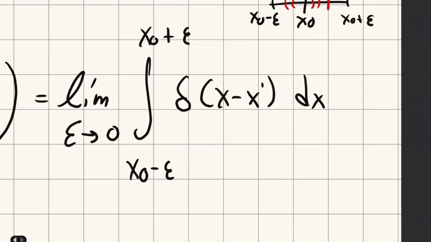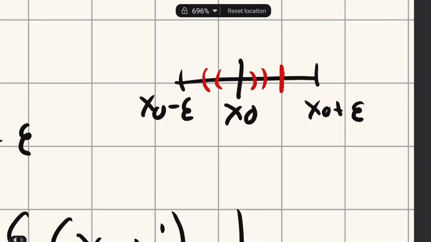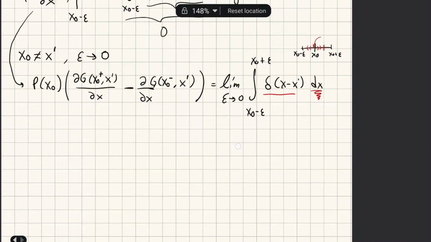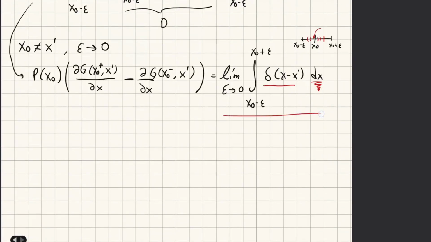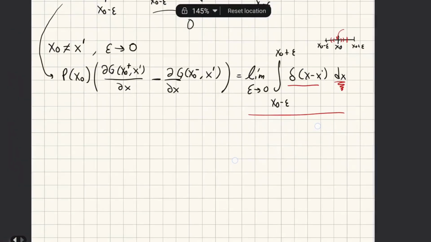Okay? So that is the main idea, because that is going to make this integral equal to 0. Because we know that if we have the integral of the Dirac delta of the variable x, and x is not on the interval of integration, that integral of the Dirac delta is equal to 0. So in this case, x prime is not going to be part of the interval of integration. So all this piece is going to be equal to 0, right?